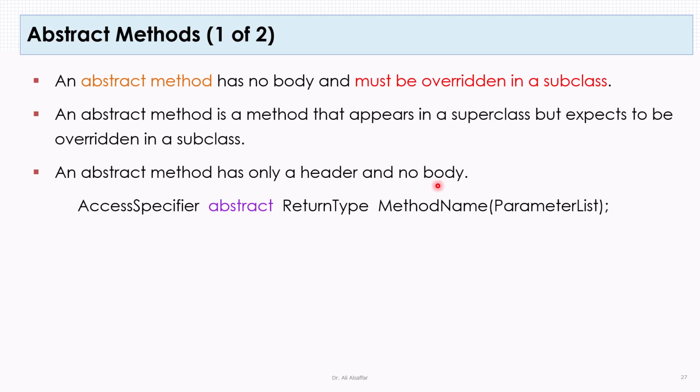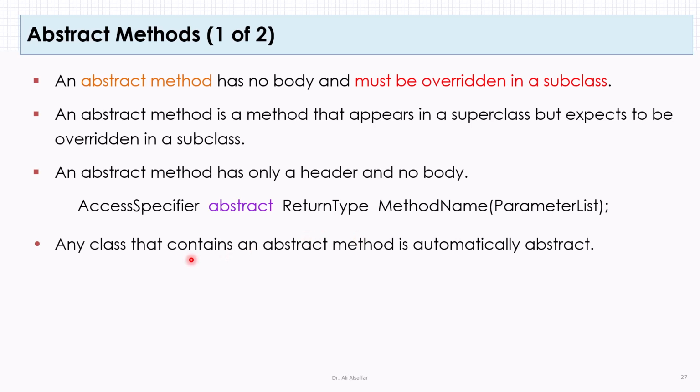So first you start typing the access specifier, whether this method is private, public, or protected, followed by the keyword abstract, followed by the return type of the method, followed by the method name, and finally followed by the parameter list. Notice it is terminated with a semicolon. That means the implementation is not provided yet.